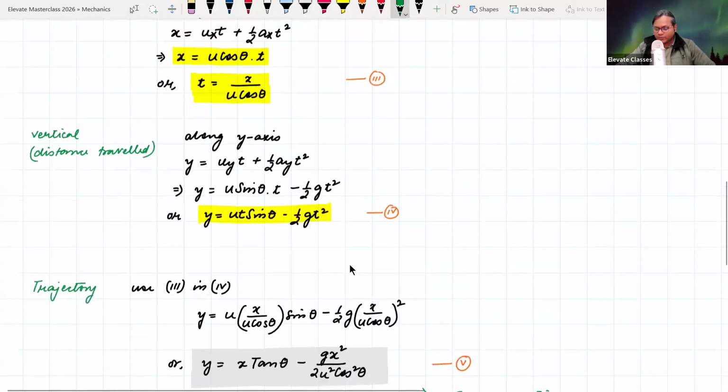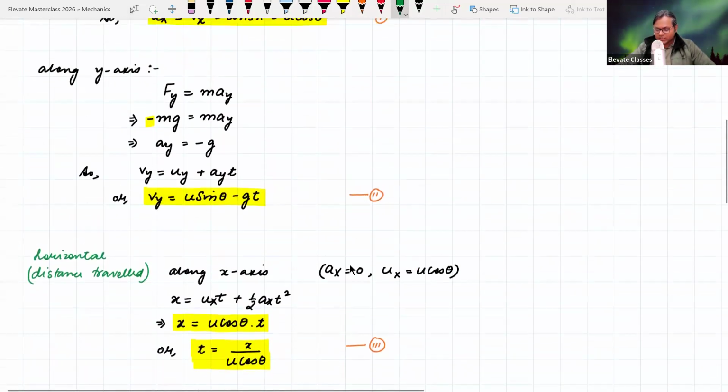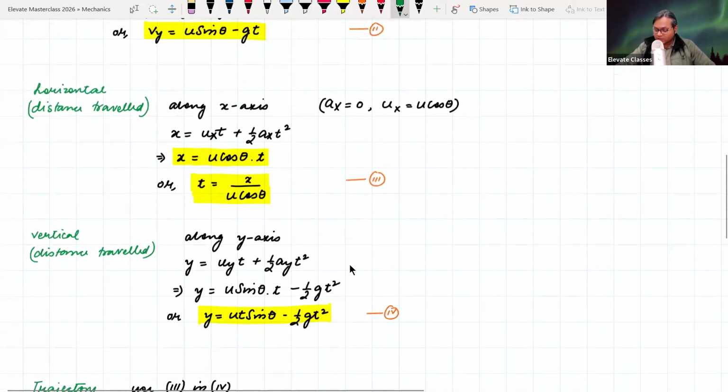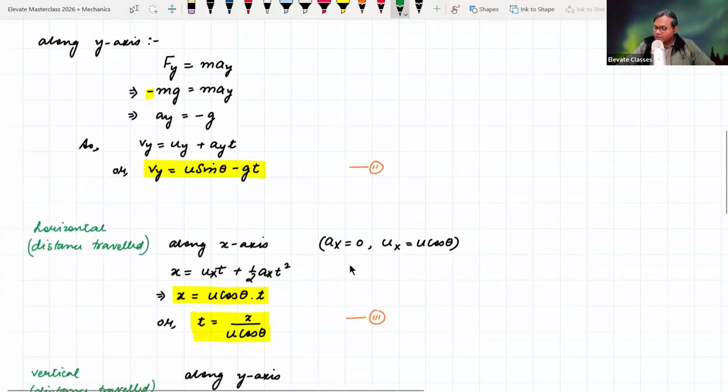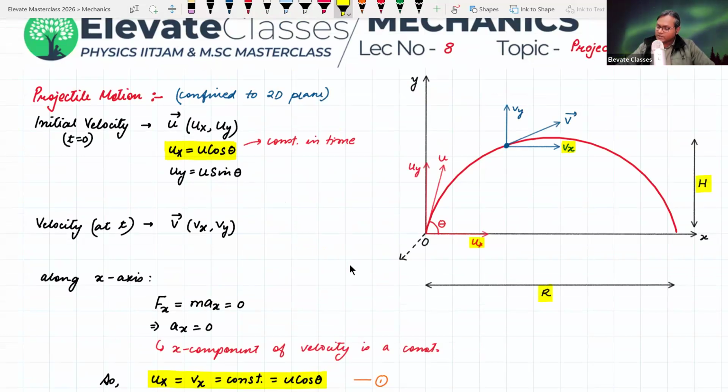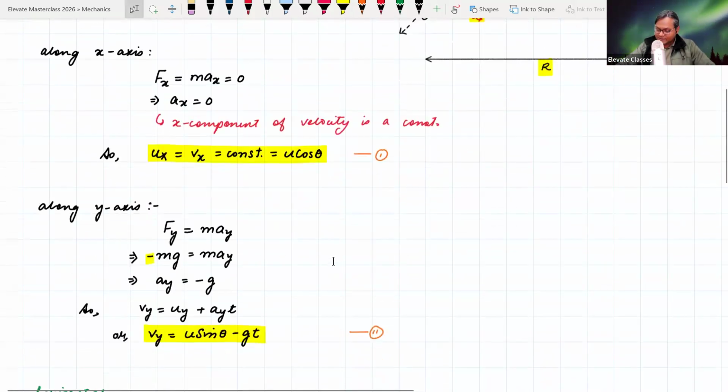All right, so we have obtained the expressions for the speed as well as the distance traveled along the x and the y axis. We've also obtained the equation of path of the motion. There are two important quantities that are relevant from a problem solving perspective, which is related to how far the projectile can go along the horizontal plane and how far the projectile can climb up in the vertical direction, which are referred to as range and height respectively.